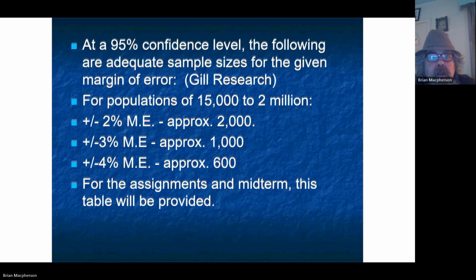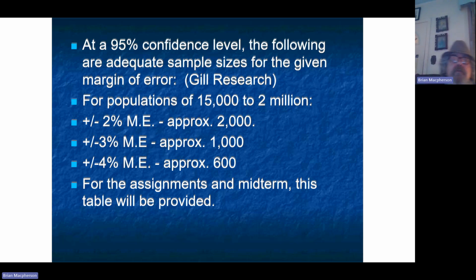At a plus or minus 3% margin of error, which is a little wider, a little less precise, you want approximately 1,000 people in your sample. For a plus or minus 4% margin of error, which is less precise, you want at least 600.